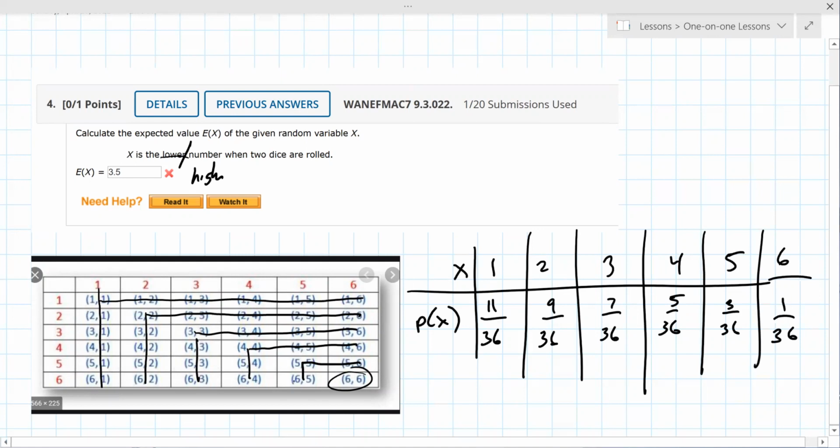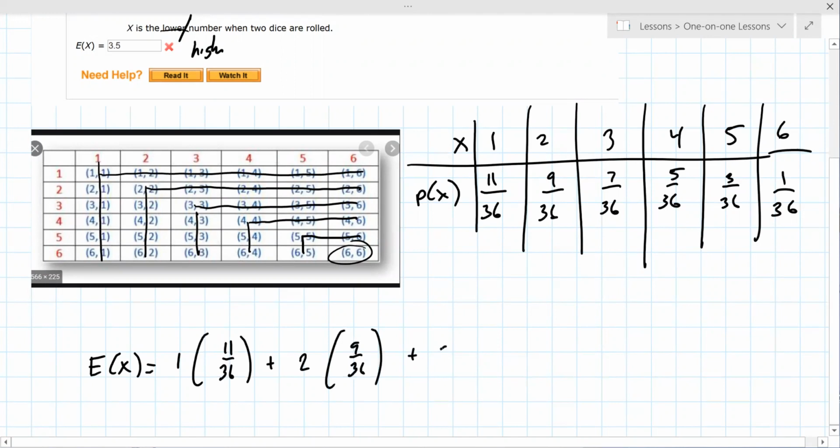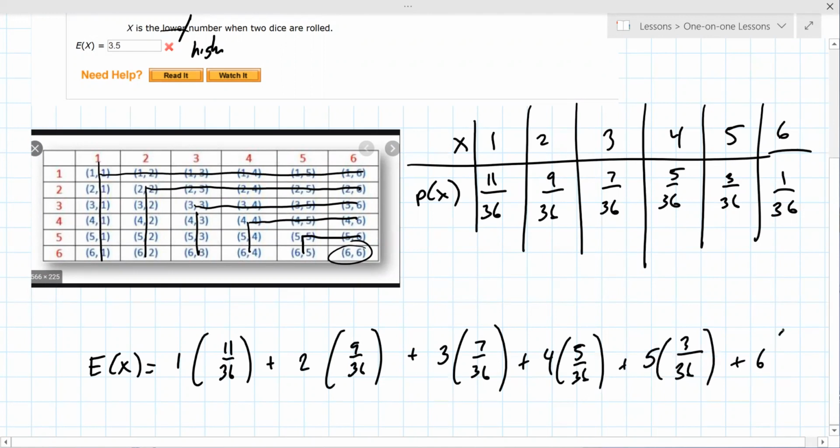So to find the expected value, you have to take x and multiply by p of x. So the expected value is 1 times 11 over 36 plus 2 times 9 over 36 plus 3 times 7 over 36 plus 4 times 5 over 36 plus 5 times 3 over 36 plus 6 times 1 over 36.